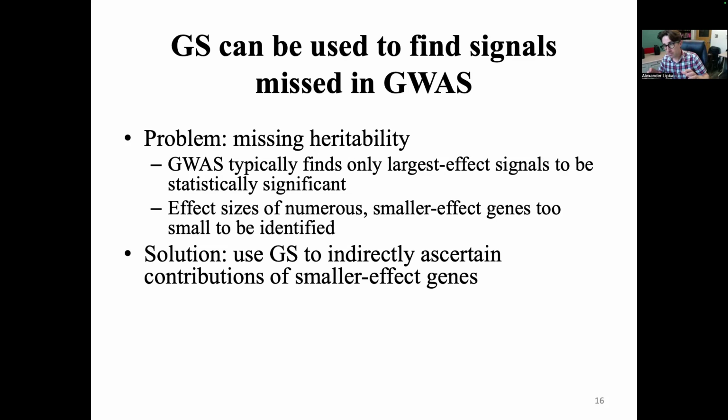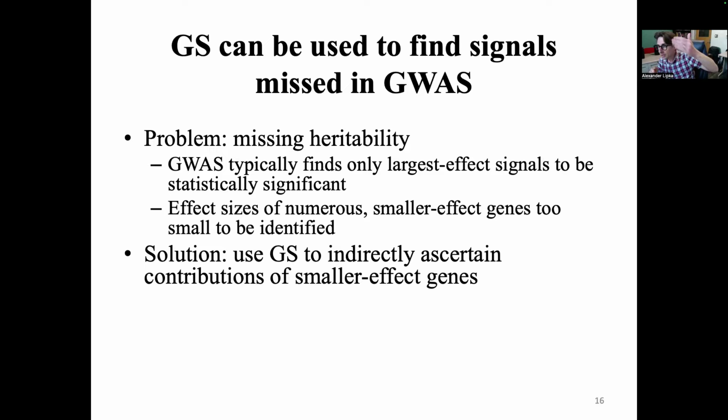Okay? So here's a study I'm going to show you where I contributed as a middle co-author, but we used genomic selection. Okay. So remember, genomic selection is for prediction. It's to find genomic estimated breeding values, right?